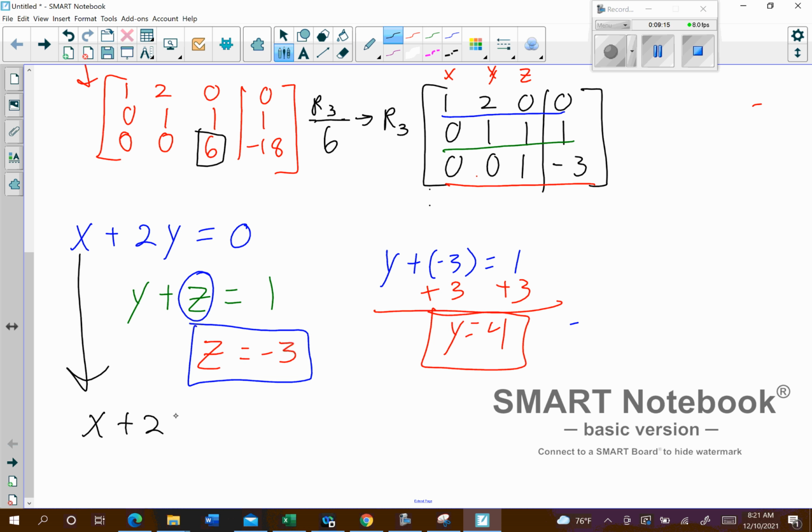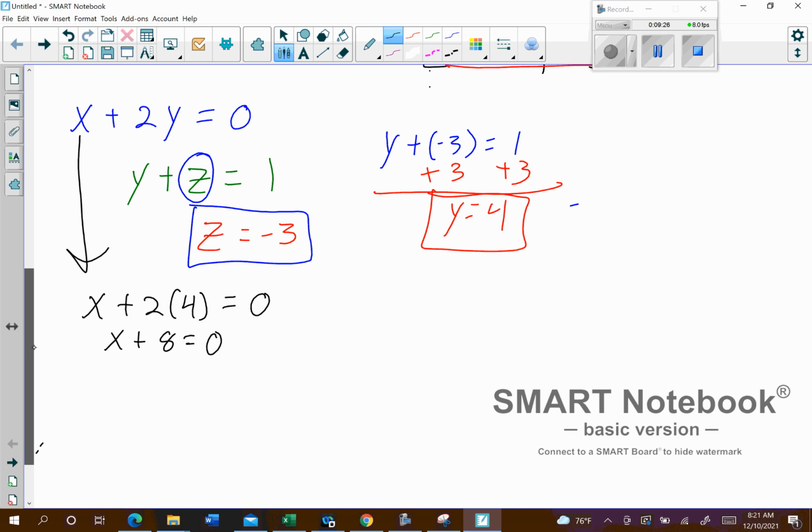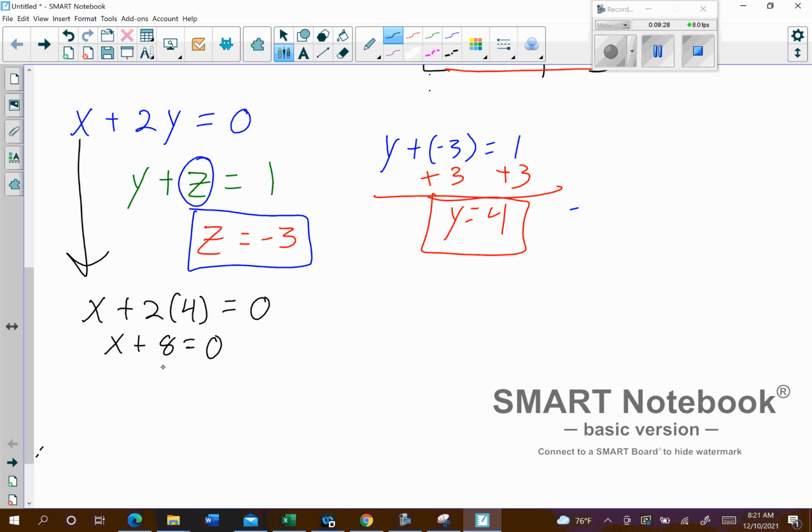X plus 2 times, and we figured out y is 4, equals 0. So then x plus 8 equals 0. And so then when we subtract 8 from both sides, we're going to get x equals negative 8.